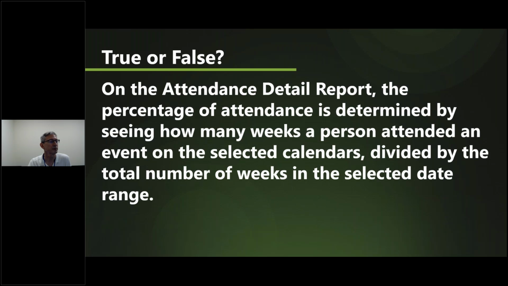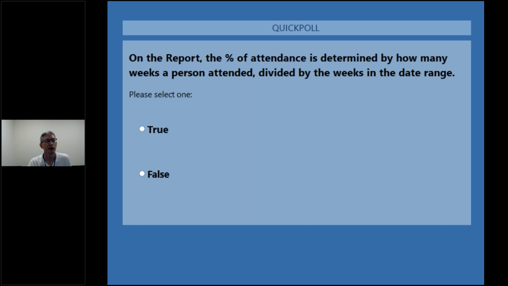It's a lot of explanation for that. I couldn't put all that text on your side of the screen, but again, in the attendance detailed report, the percentage of attendance is determined by how many weeks they attended divided by the number of weeks in the selected time frame or date range.